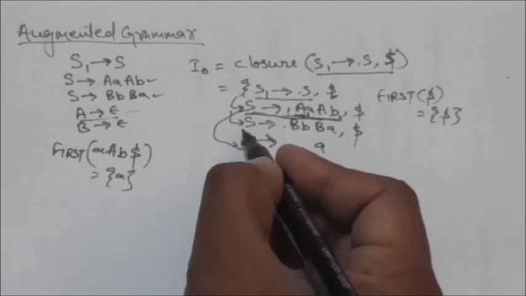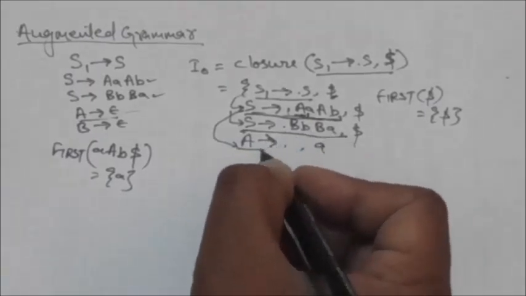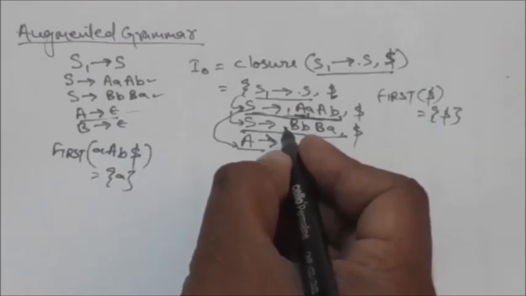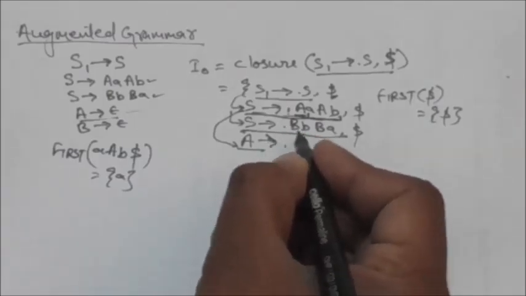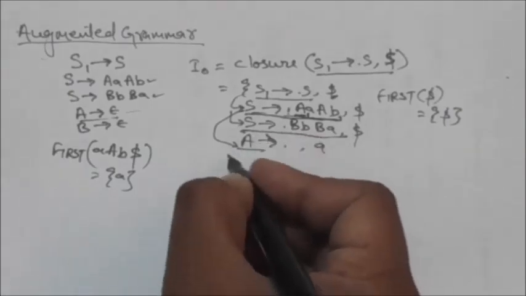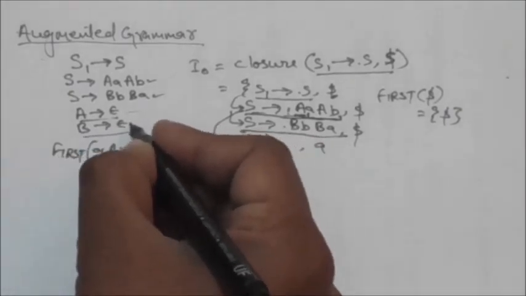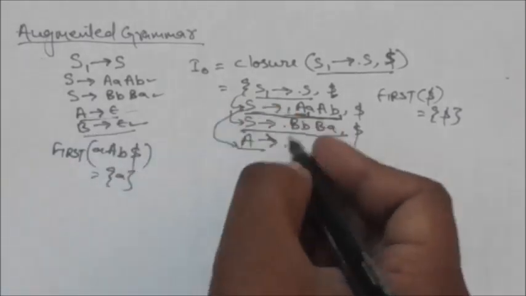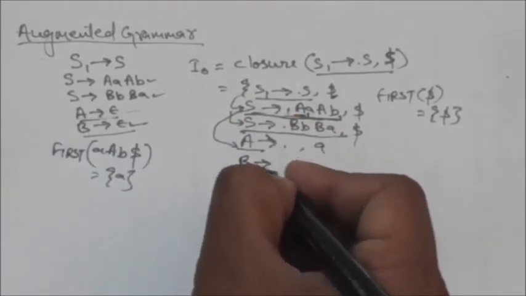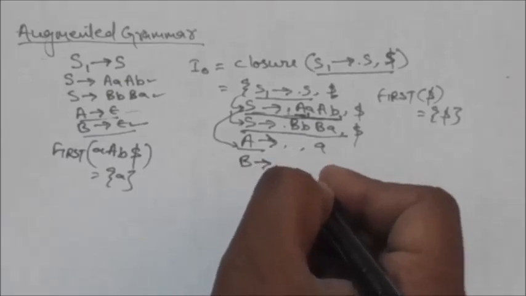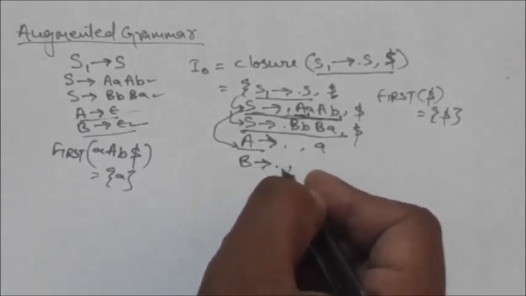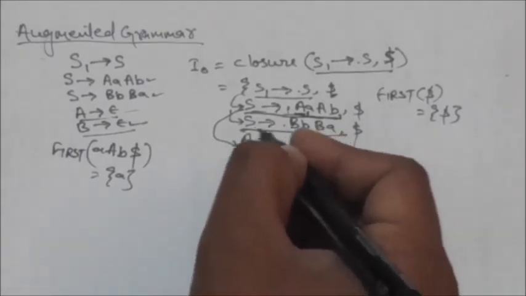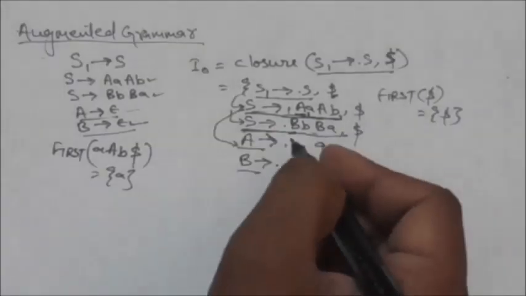Now again I will check this newly added item. In this newly added item you can see that the dot is preceding this non-terminal symbol B. So corresponding to this production rule where this non-terminal symbol B is at left, I will add this item B derives dot. Now what would be the look ahead symbol for this item? Now see here, I have added this item because of this item.